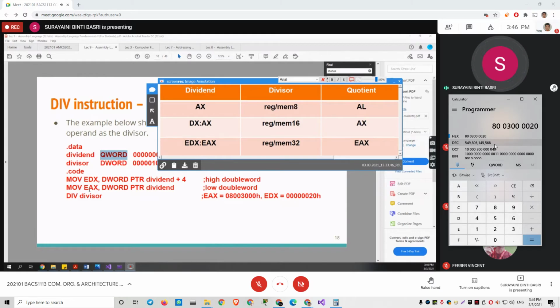So that's why it puts some value in your EDX and EAX here.